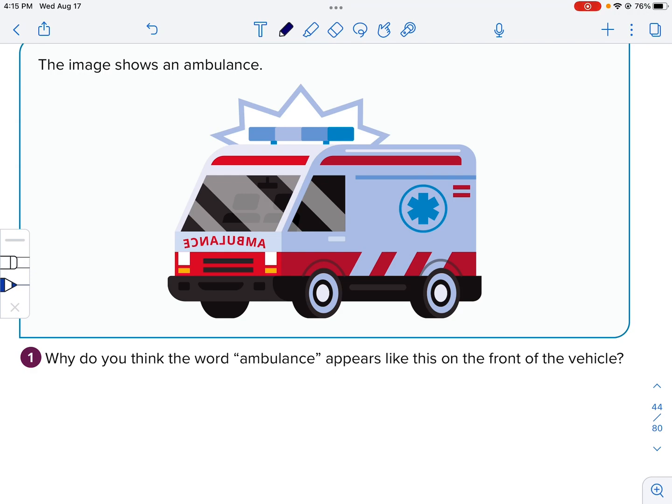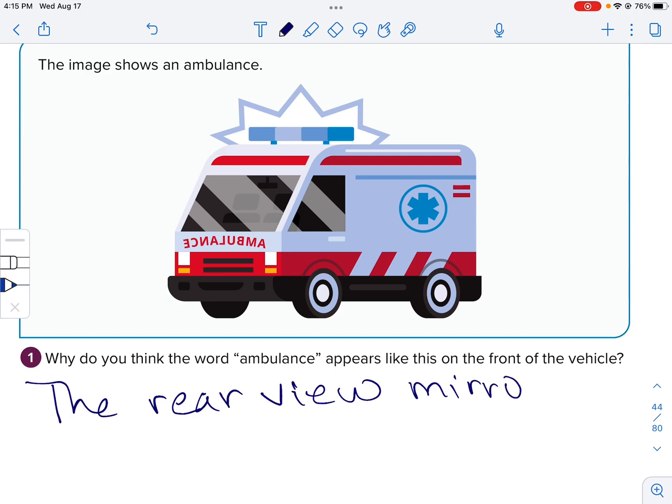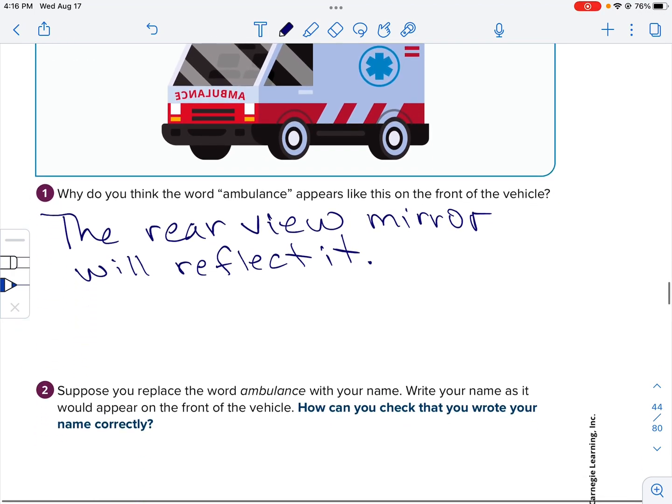If you have ever driven a car, it's because the rear view mirror will reflect it, and you'll be looking at it, reading it as ambulance and not backwards.